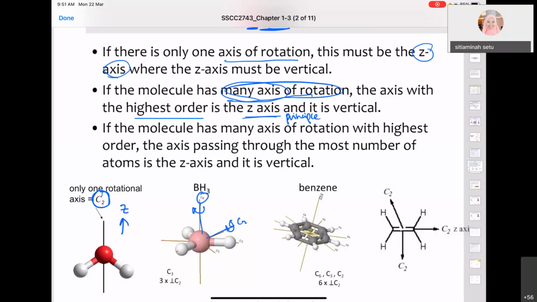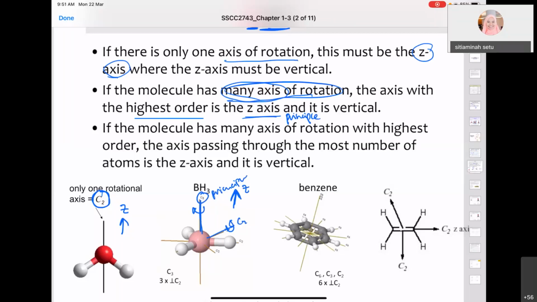So C3 you, the N is the highest number, so this is the principal axis. So this axis of rotation is the Z axis. So maksudnya Z dia adalah arah ke atas.